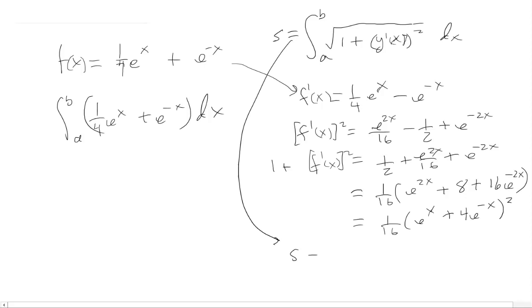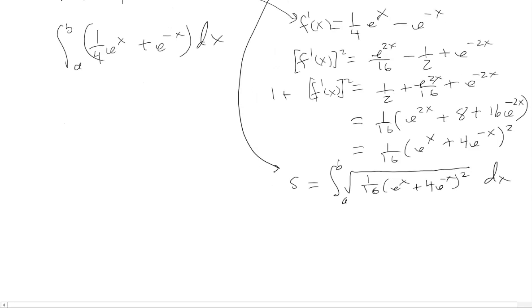Now, when we put that under the radical for s, you're going to take the square root of 1/16 times e to the x plus 4 e to the negative x quantity squared from a to b. And that is a positive number inside there.